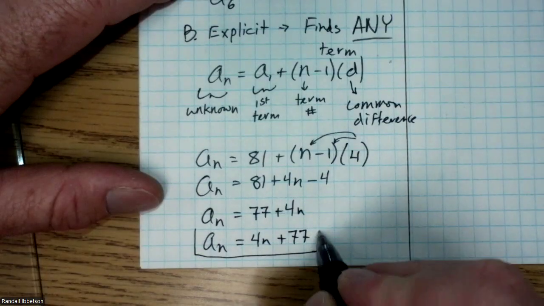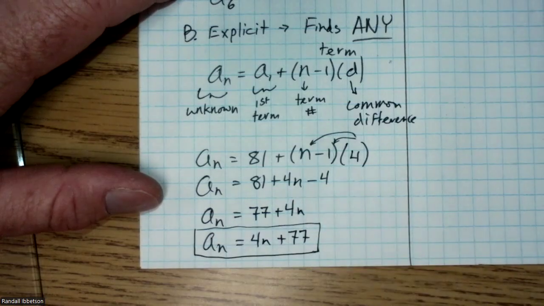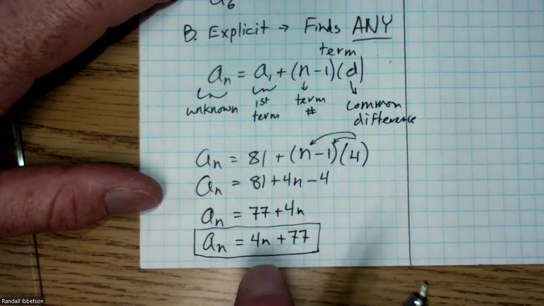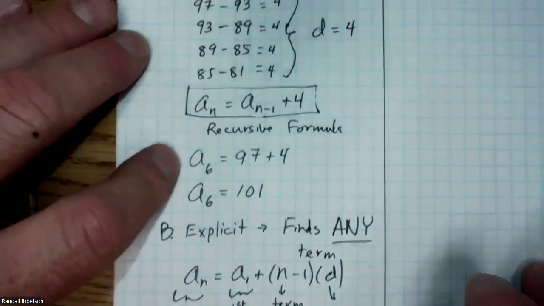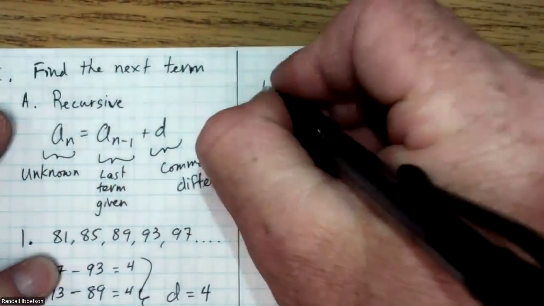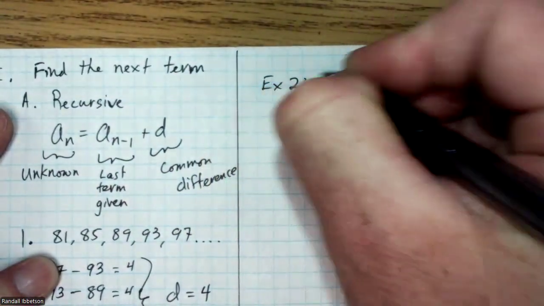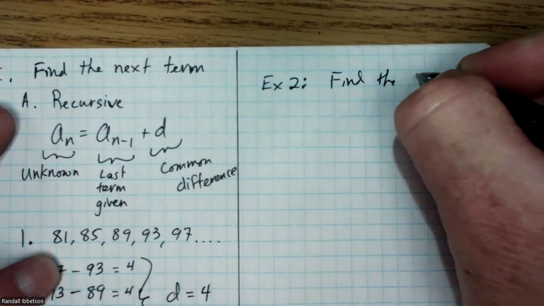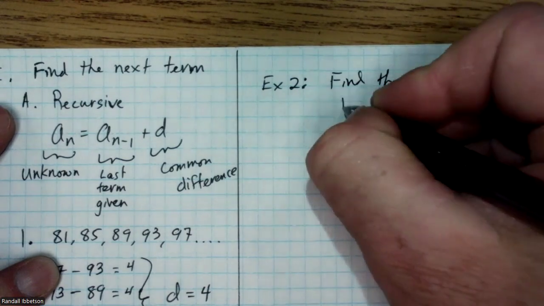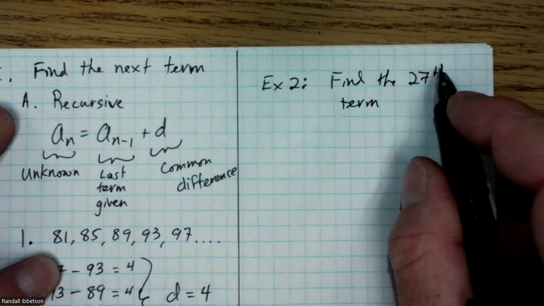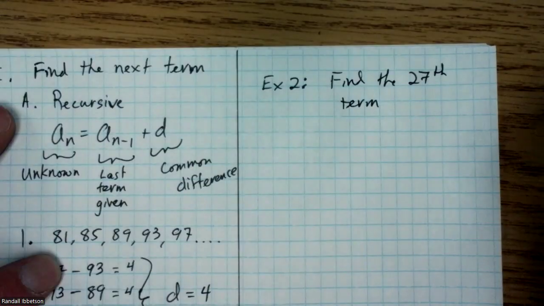So this formula can help us find any term. As a matter of fact, I'm going to create an example that makes us use this formula for this sequence right up here. I'm going to call that example number 2. For example number 2, I want to find the 27th term. Remember when I said any? I mean any. It could be the 127th, the millionth, it doesn't matter.